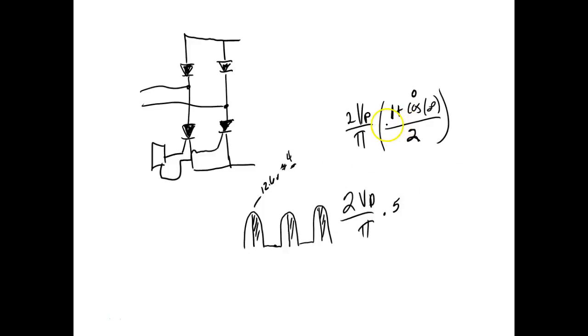So if you had a firing angle of 0, then this would be 1. Plus 1 plus 1 is 2. And then that would be 2, that'd be 1, and that would give you, no, that's still, this says halfway?